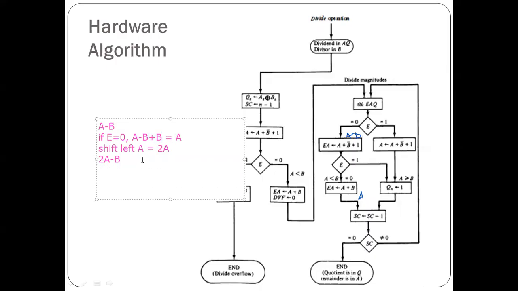So in non-restoring, first A minus B will happen.